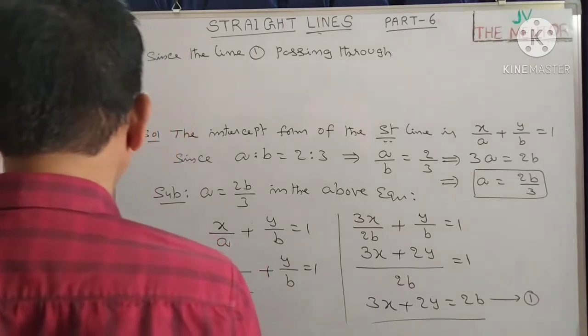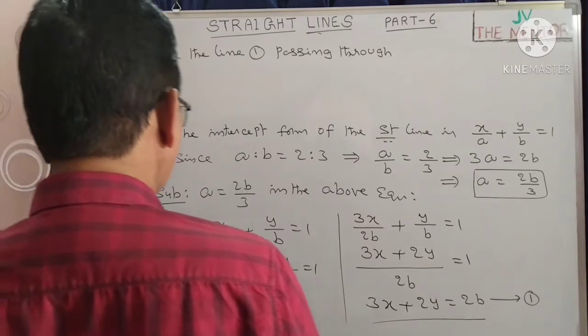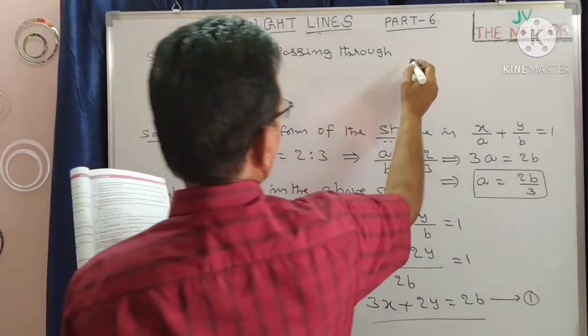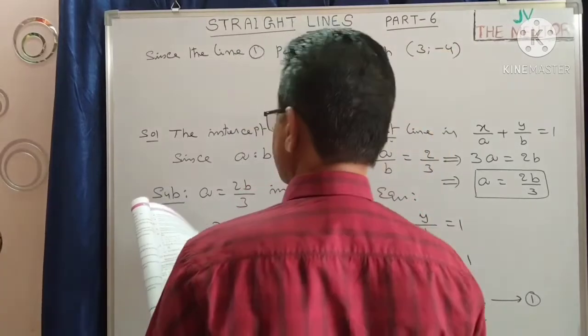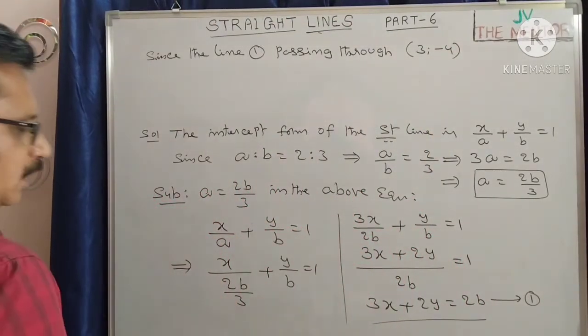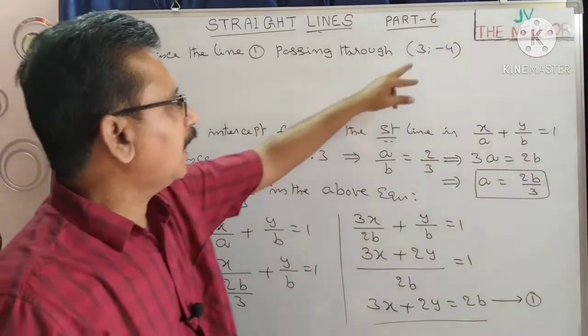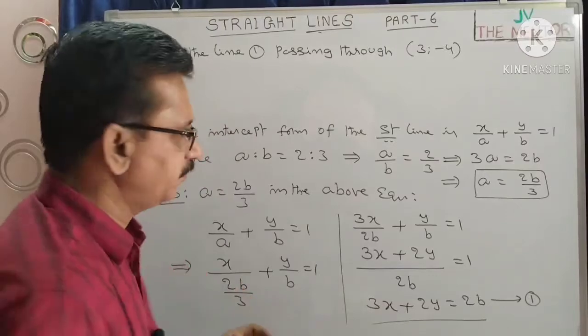Passing through the point 3 comma minus 4. Passing through the point 3 comma minus 4. Now, taking x equal to 3 and y equal to minus 4 in the first equation.